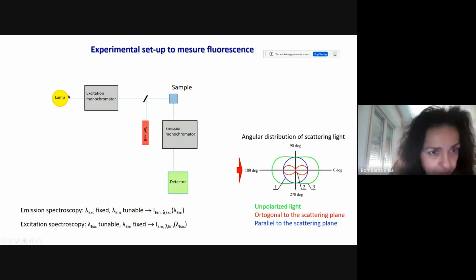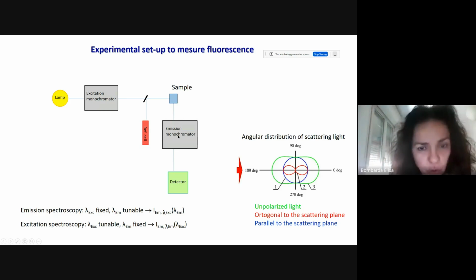The lamp, then you have an excitation monochromator, in case you can put a polarizer, and then the light hits the sample, and then it will be analyzed by an emission monochromator to have the emission per wavelength and of course detected.